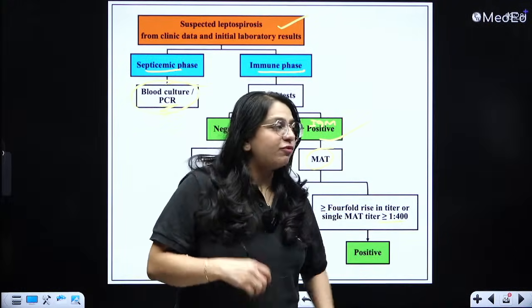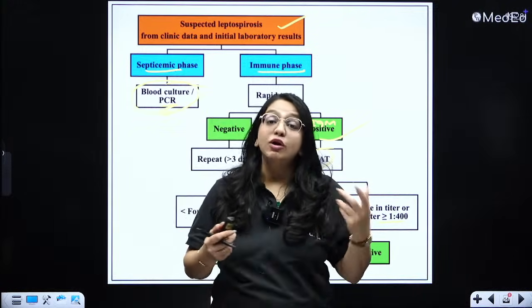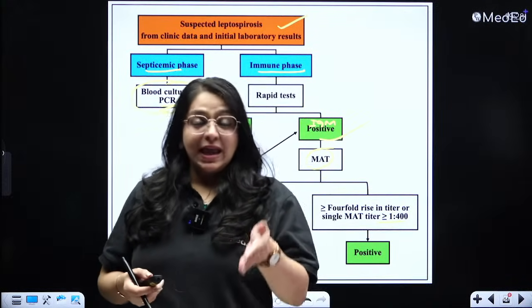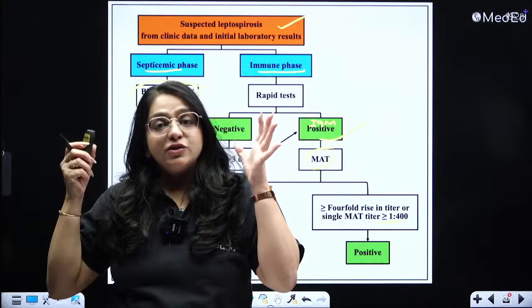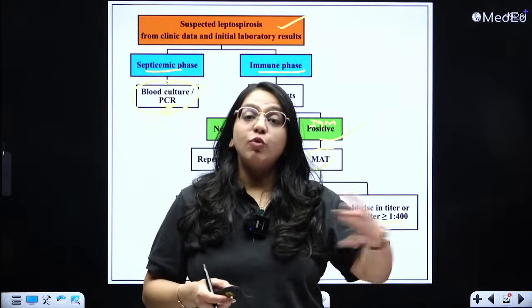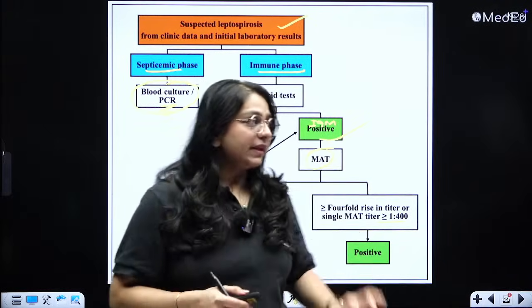What is more important is the 4-fold rise in titer. Like I said, there might be very many false positives with IgM results. So if you do microscopic agglutination and you see that the titers of today and those repeated after 1 week show a 4-fold rise, that is going to tell you that it's an acute infection.